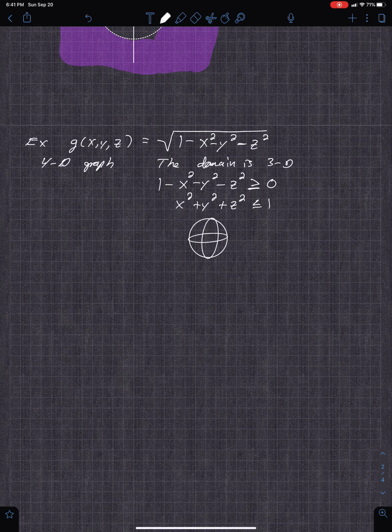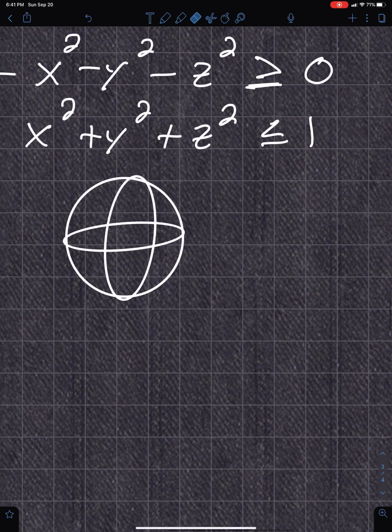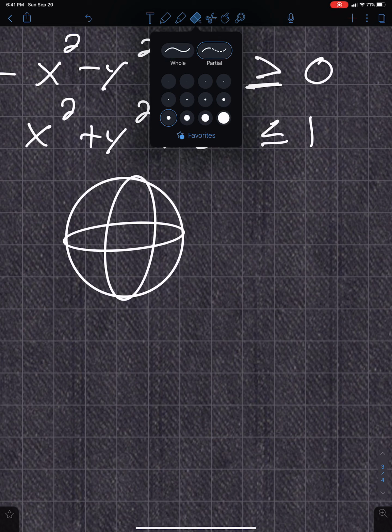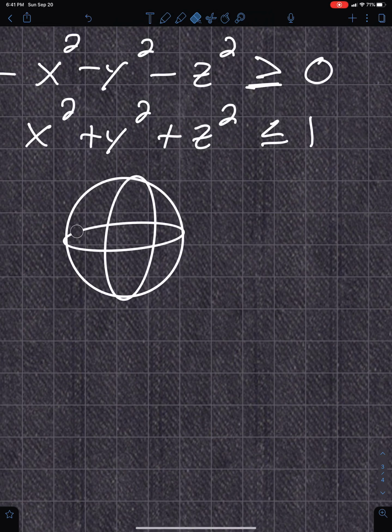Usually you make the back dotted, so you could go in with an eraser like this and make it dotted. Oops, that's way too big, huh? Try that again. So these are dots. That's not going to look very good. That's all right. And then this dotted.